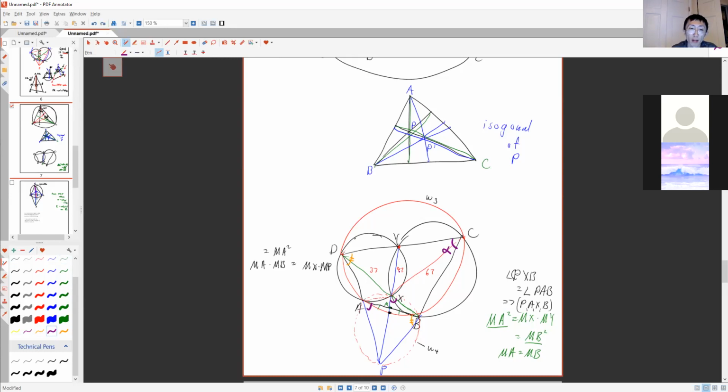So we don't know that yet. Similar triangles with AXB. Which triangle is similar to AXB? So let me just write down so I don't forget. We don't know if D, X, B are collinear.